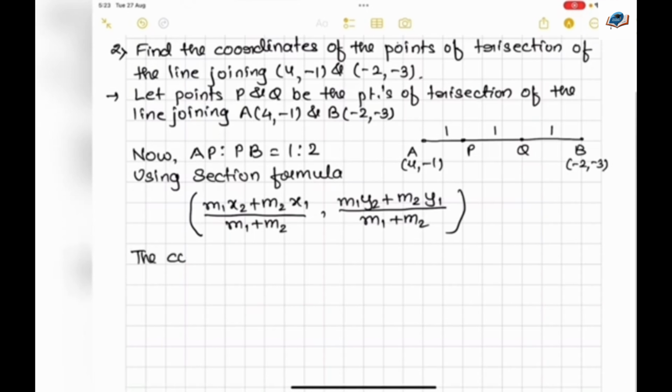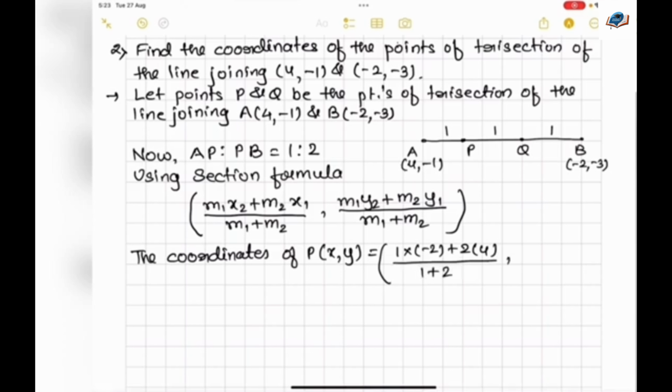The coordinates of P (x, y) will be equal to (1 into minus 2 plus 2 into 4) by (1 plus 2), comma (1 into minus 3 plus 2 into minus 1) upon (1 plus 2).